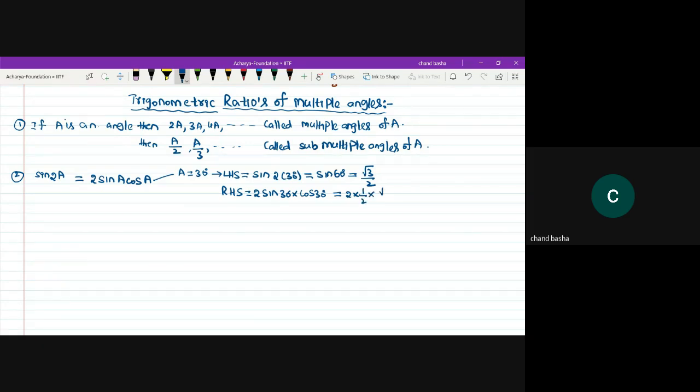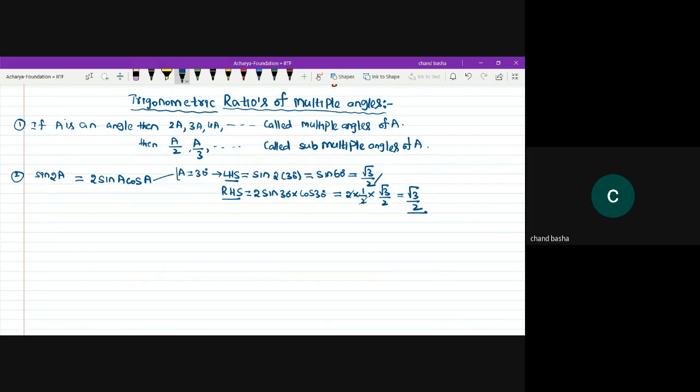What is cos 30 value? Root 3 divided by 2. 2 cancel. That means you are going to get root 3 divided by 2. LHS value is root 3 by 2. RHS value is root 3 by 2. That means the formula we considered here, is it true or not? True. Why? Because the left hand side value is equal to the right hand side value.